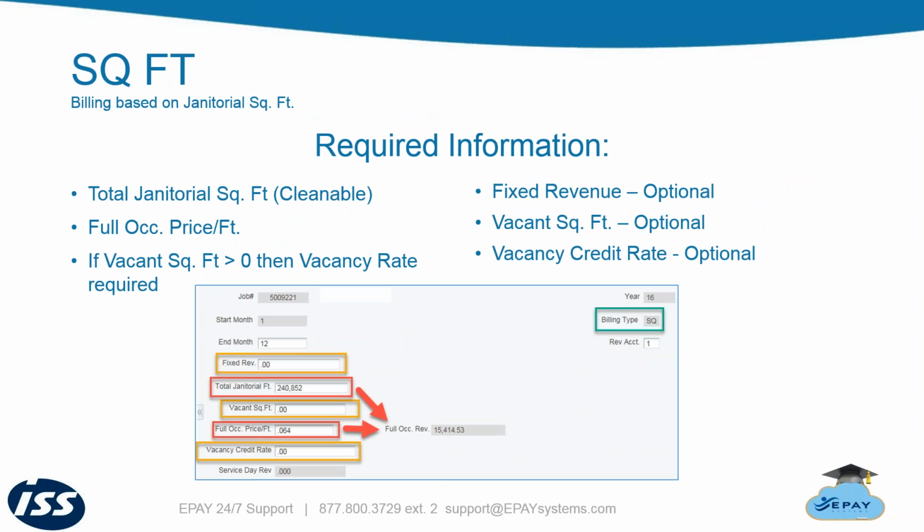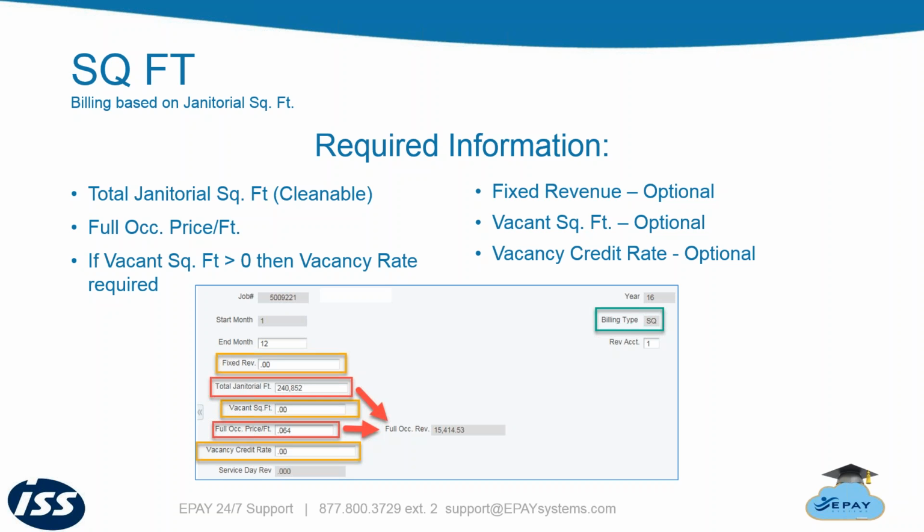Now, if you have a job that's billed based off of square footage, then our required fields are going to be, of course, the janitorial square footage of the building or this place that you're servicing, and of course the full occupancy price per foot, so 64 cents, and if you're cleaning 280,852 square feet, you multiply that and that produces our revenue.